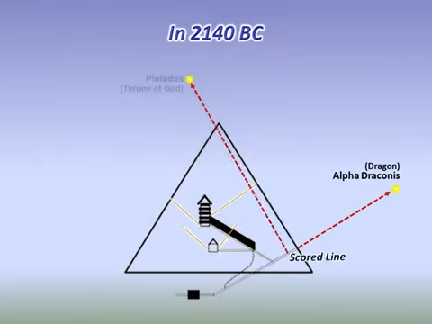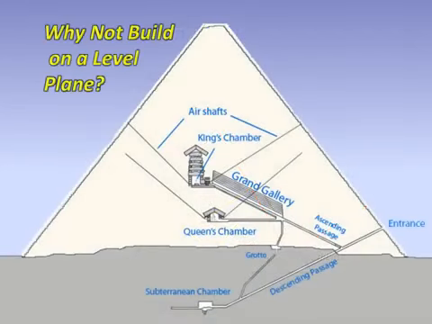And the scored line points to the Pleiades, which is known as the throne of God. This would be on the equinox at midnight in 2140 BC. These alignments are precise, and it's really amazing that now we can run these and find out with precision what they pointed to.